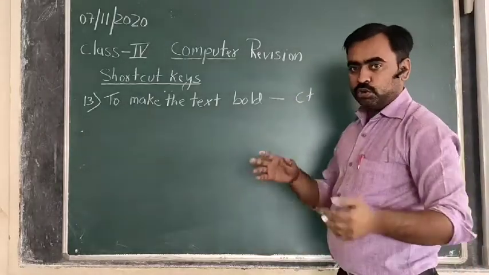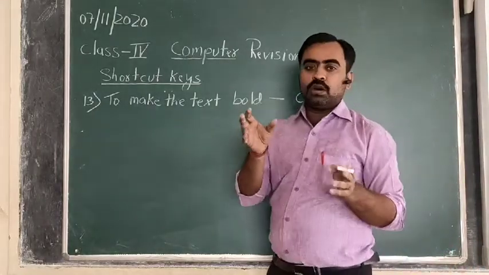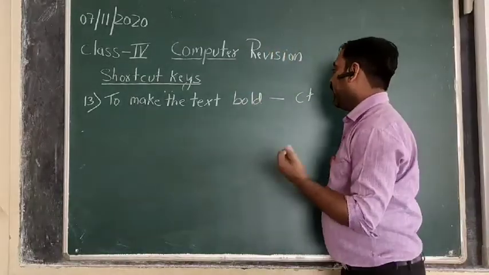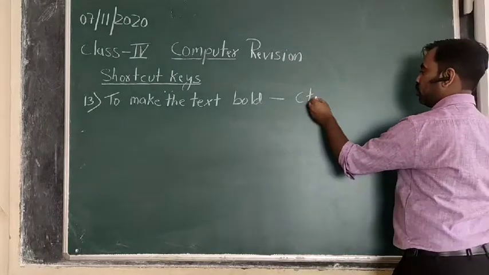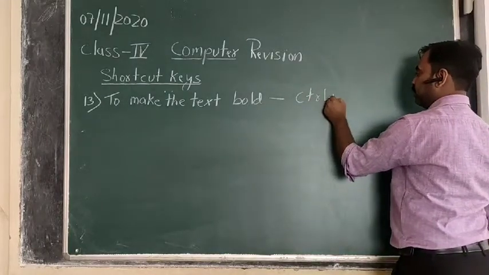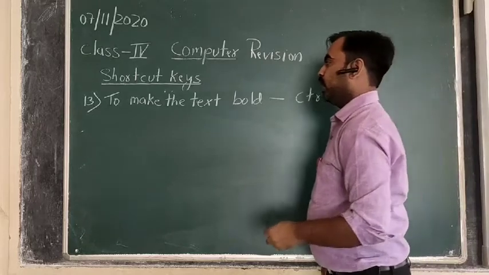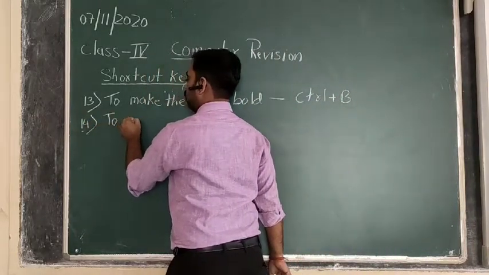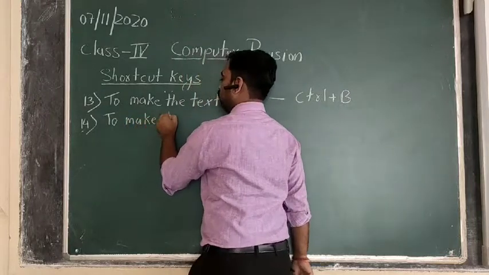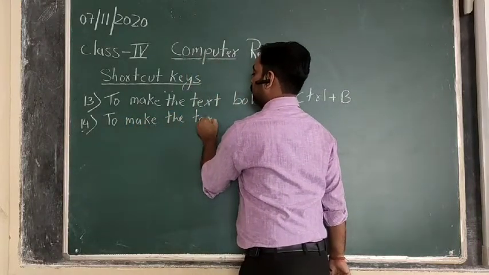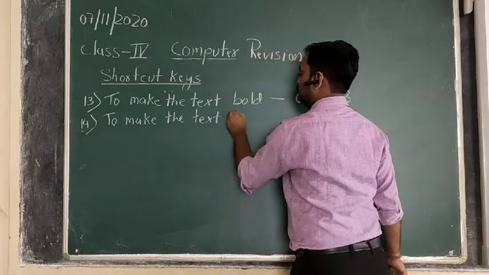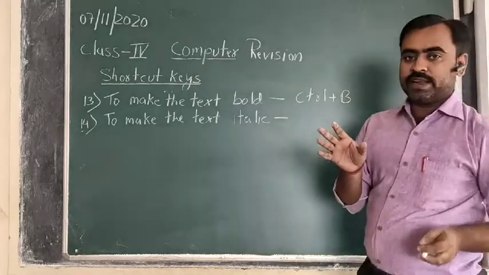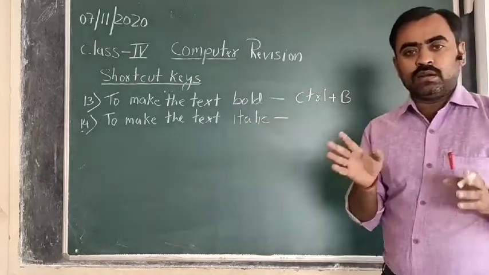First of all, select the word, phrase or sentence which you want to make bold, and after that press the shortcut key Control plus B. The 14th one, to make the text italic. Italic means to represent the text in a tilted manner.